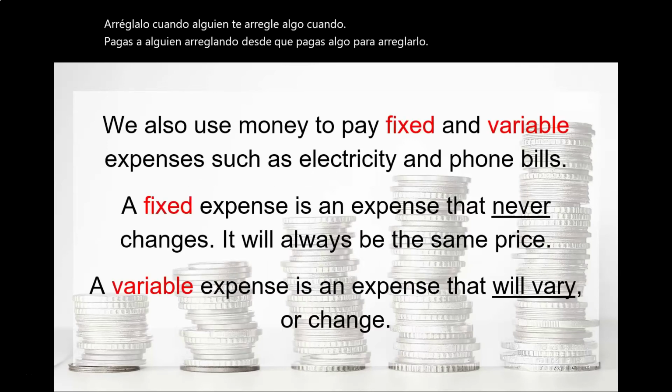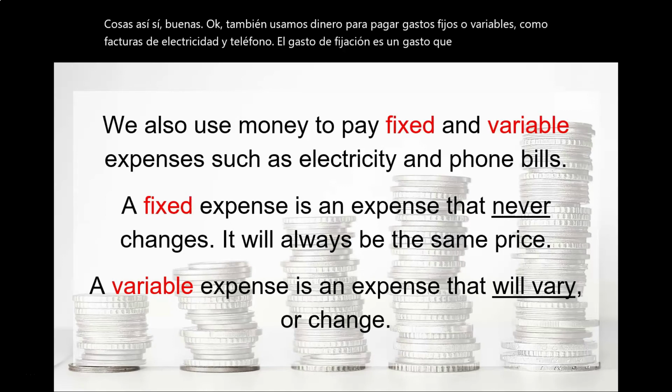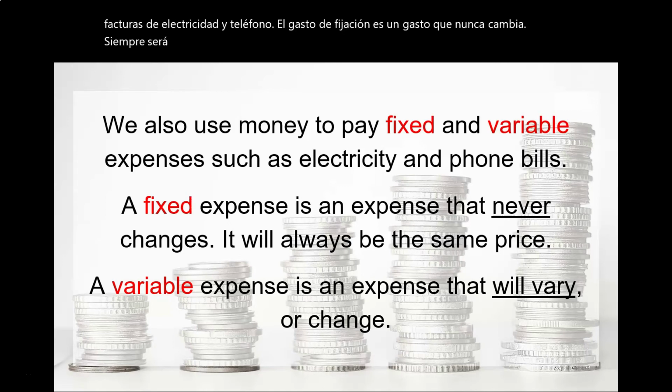Yeah, good. Okay, we also use money to pay fixed or variable expenses such as electricity and phone bills. A fixed expense is an expense that never changes. It will always be the same price. A variable expense is an expense that will vary or change.